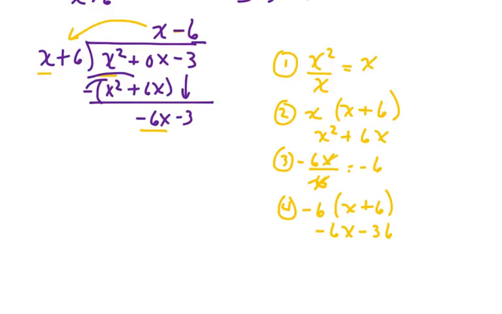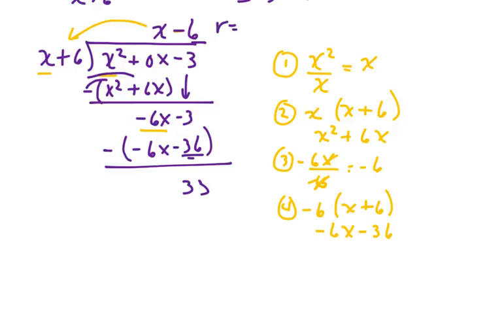Subtract that whole thing, minus 6x minus 36. If you keep your sign straight, the 6x's are going to cancel out. This becomes a positive 36. And subtract 3, you're left with 33. So the remainder is equal to 33.